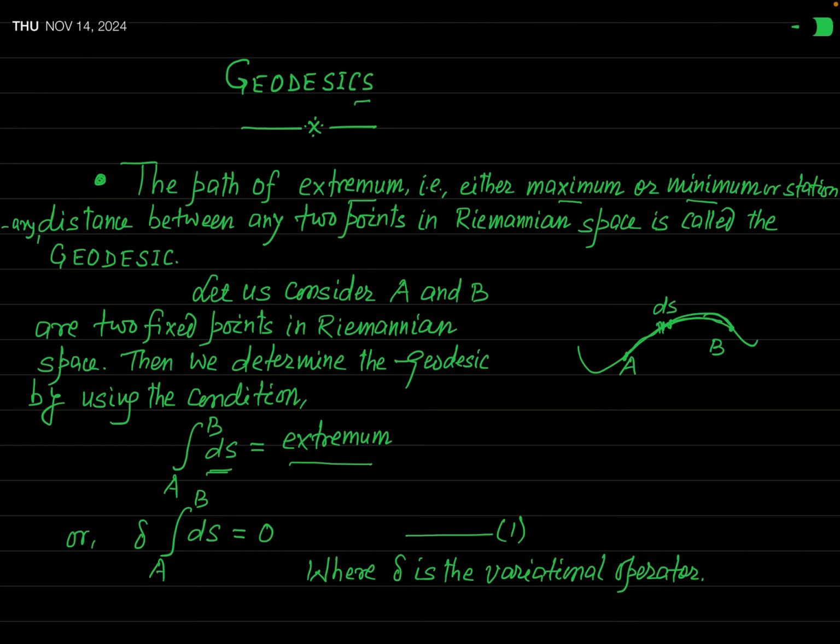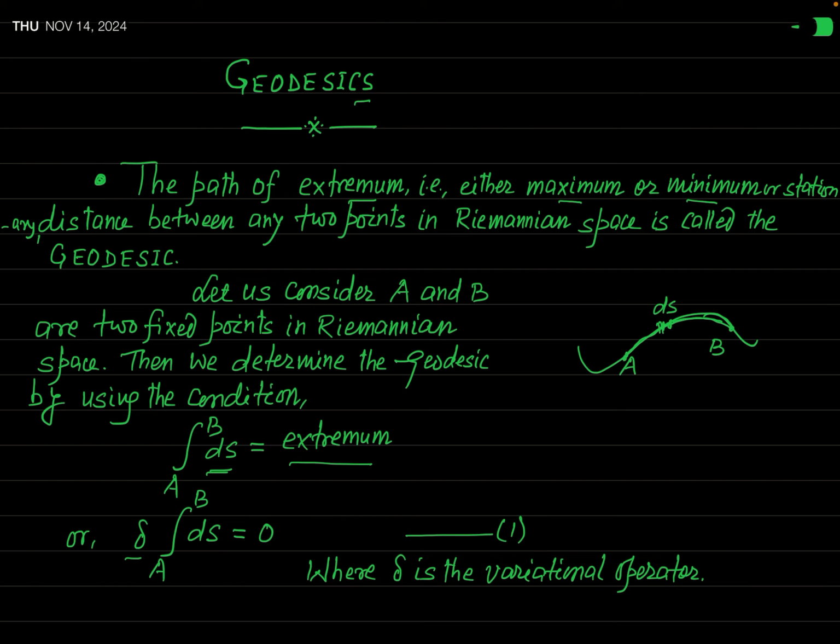If you do not have a concrete knowledge of calculus of variation, I suggest you go through my videos on calculus of variation in the Classical Mechanics playlist of my YouTube channel. There you will find several videos on calculus of variation. While dealing with the calculus of variation, we study a variational operator denoted by the symbol small delta. This is called the delta variation operator.